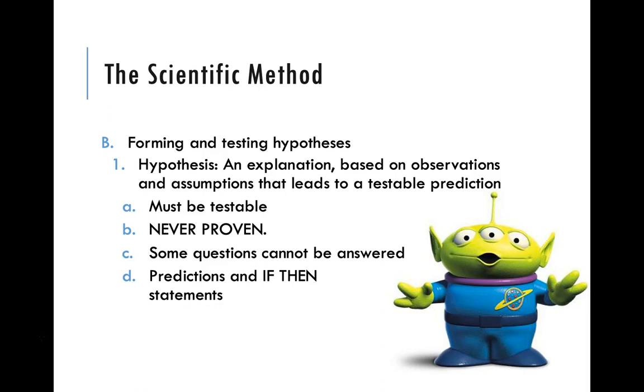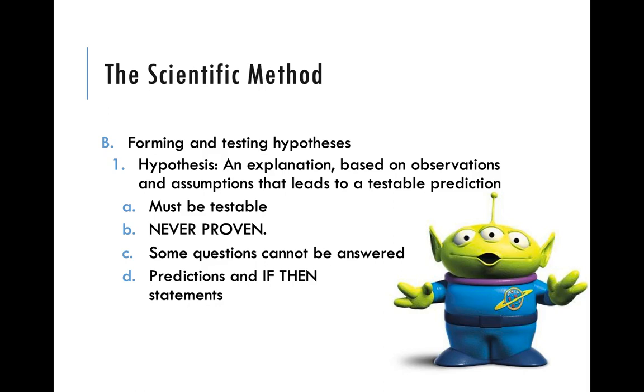If you cannot test your hypothesis, it's not a good experiment. You have to be able to perform or design an experiment that specifically answers your question. And if you can't do that, you need to change your experiment or you need to change your hypothesis, because your hypothesis has to be testable.